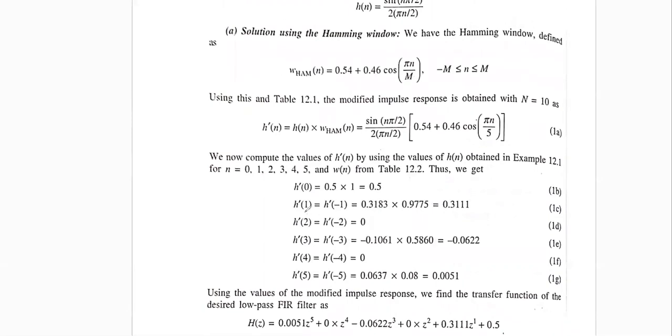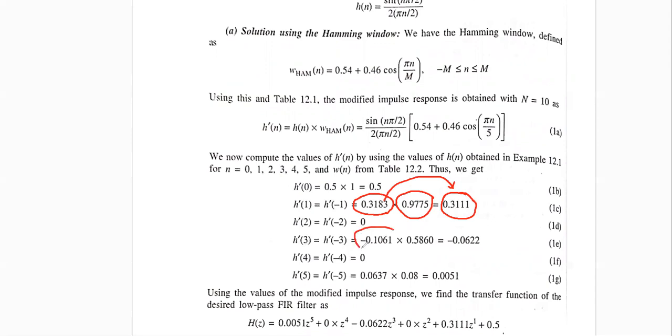Similarly, h prime 1 is equal to h prime minus 1, because they are symmetric. This is h1, this is the value from the window factor, and this is the final value. So there is a little bit of change if you compare these two.